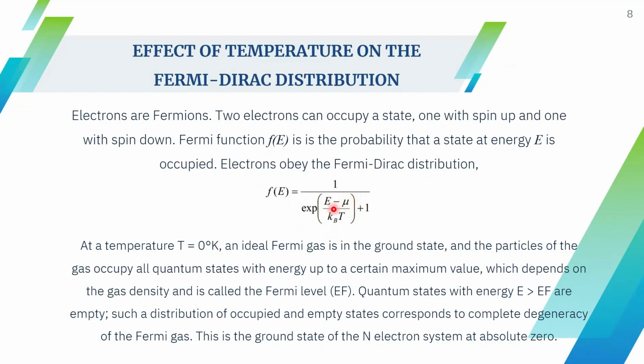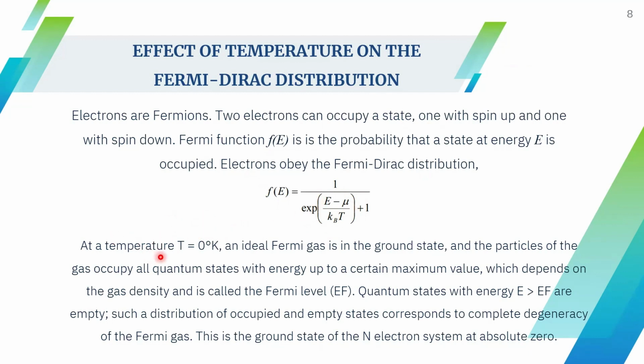Here, the quantity mu is a function of the temperature. Mu is to be chosen for the particular problem in such a way that the total number of particles in the system comes out correctly, which is equal to n. Now at absolute 0, mu will be EF because the limit is T tends to 0.